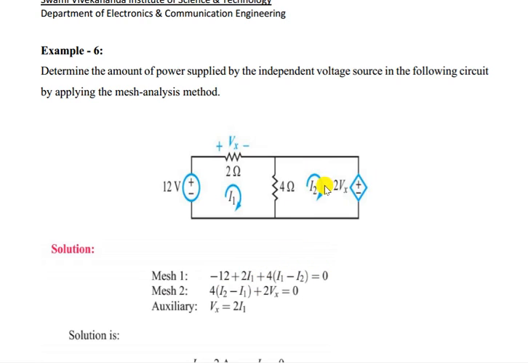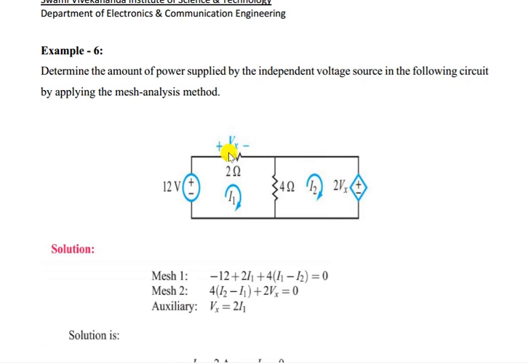Now for mesh 2, what we can write, 4 into (I2 minus I1), and here it encounters the positive terminal first, so plus 2Vx equal to 0. Now here, whenever there is a dependent source, we must write another auxiliary equation, that is for the unknown variable of the dependent source, which is here Vx.